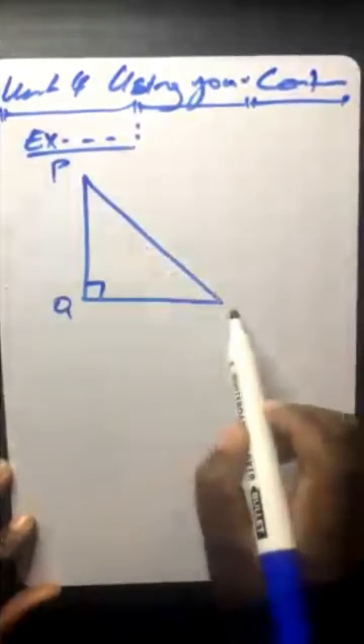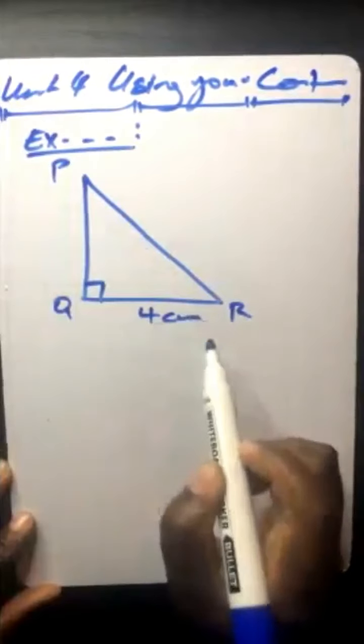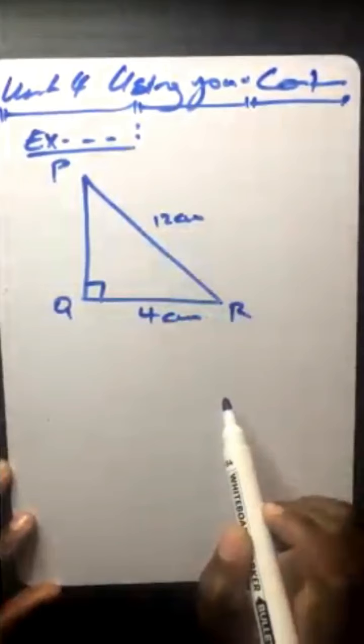Okay, so this one, LB, let's explain it in the form of an example. Say we are given a triangle similar to that. Let's say this is P, this is Q, this is R. Let's say this is 4 centimeters, this is 12 centimeters.